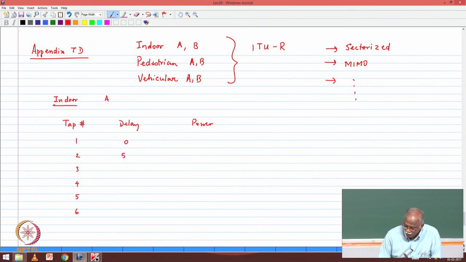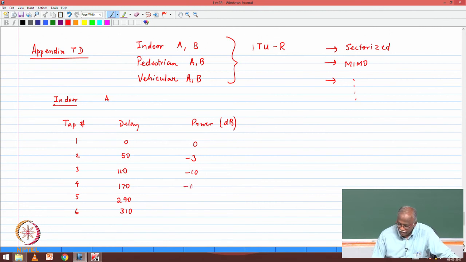The delays are 0, 50, 110, 170, 290 and 310. The power levels: 0 dB, -3, -10, which starts to look like an exponential, -18, -26, -32.